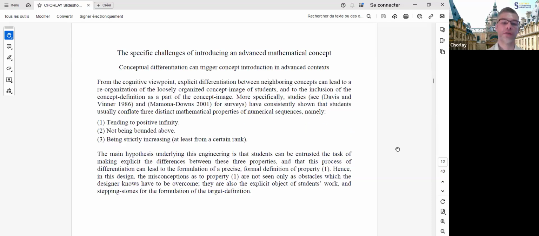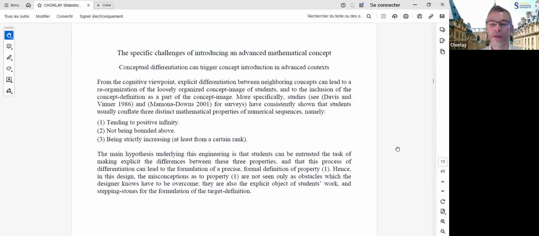Now more cognitive inputs. From the cognitive viewpoint, explicit differentiation between neighboring concepts can lead to a reorganization of the loosely organized concept image of students. I'm assuming everyone here in the room is familiar with the distinction between concept definition and concept image, and the inclusion of the concept definition as a part of the concept image.